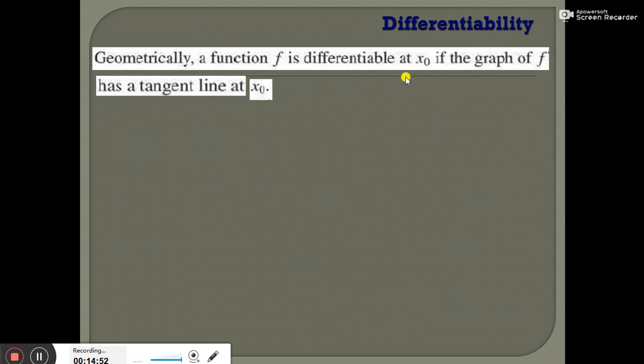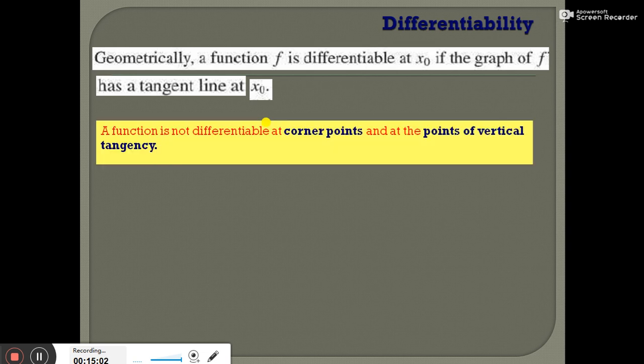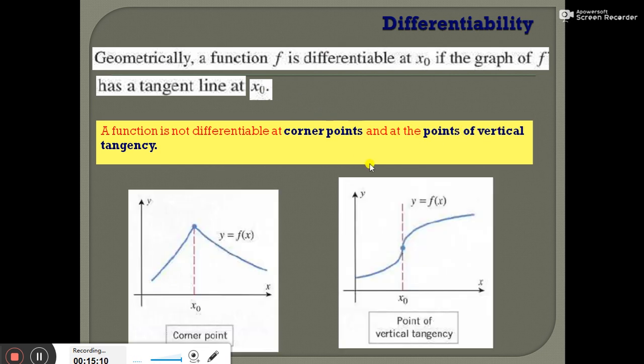Geometrically, a function is differentiable at x equal to x node if the graph has a tangent line at x node. That means differentiability is the tangent line. A function is not differentiable at corner points and at points of vertical tangency. Vertical tangency means a line is parallel to the y-axis. Which line?